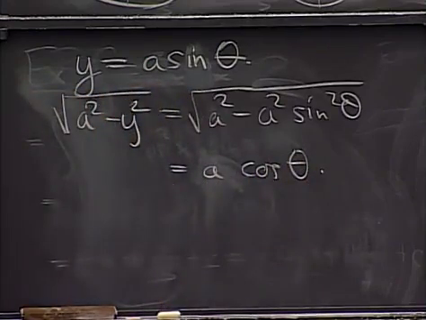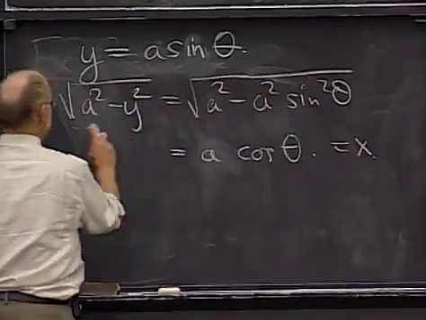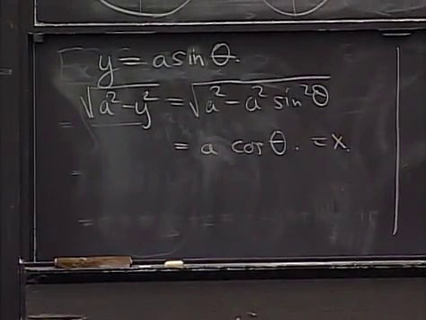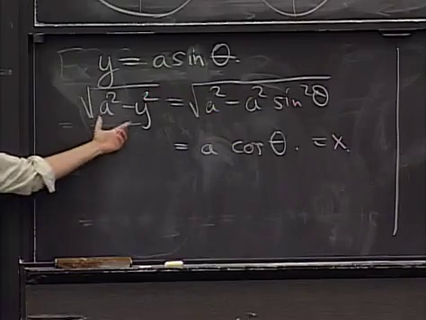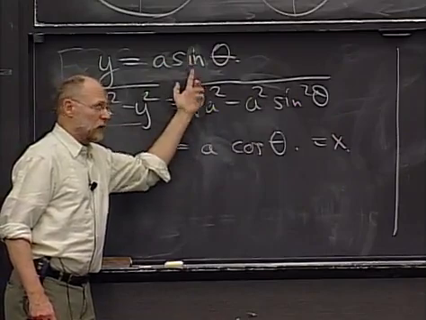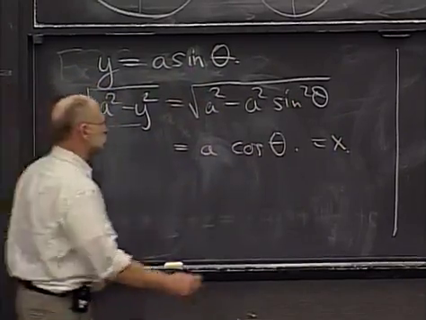That's just sine squared plus cosine squared equals 1 all over again. It's also x. So there are a lot of different ways to think of this. But no matter how you say it, the thing we're trying to integrate, the square root of a squared minus y squared, is under this substitution a cosine of theta.